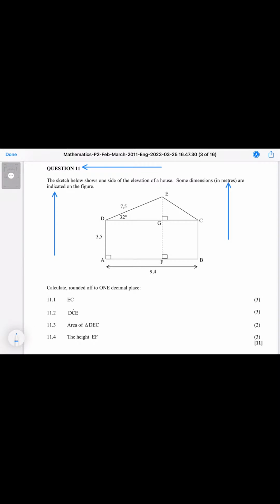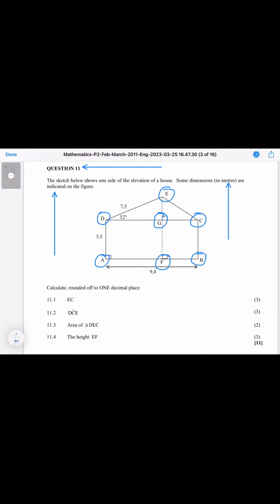Looking at it, you can see you've got points A, B, C, D, E, F, and G. So you actually have 1, 2, 3, 4, 5, 6, 7 points.